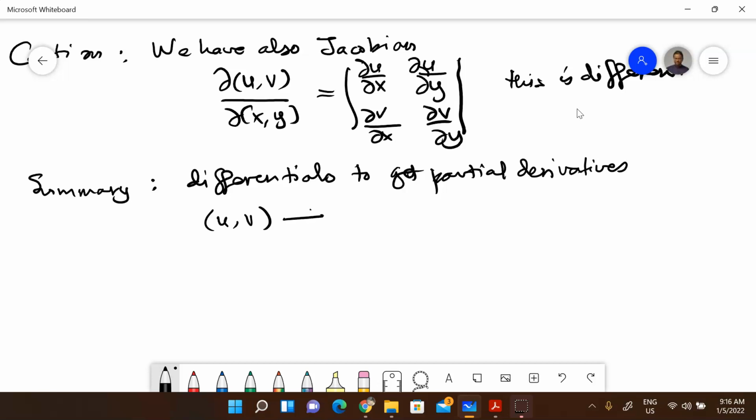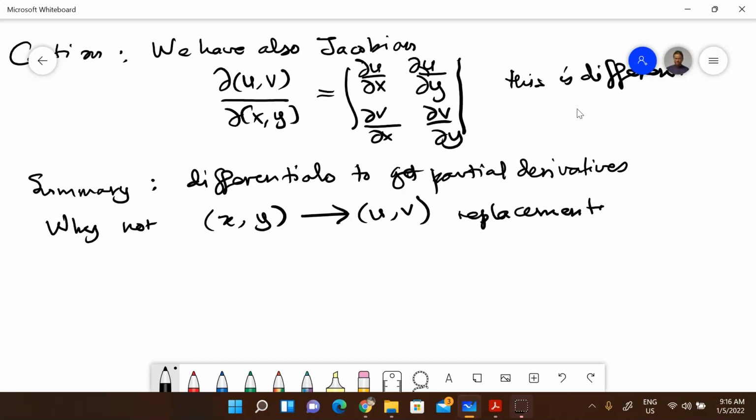Now, the idea here is, you could have taken the variables x and y, for example, and replaced them by u and v. Why not such replacements? The problem is sometimes you have cases where you cannot really express them in a nice set of equations.